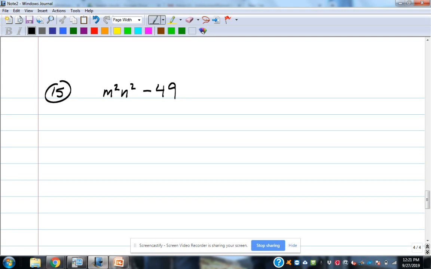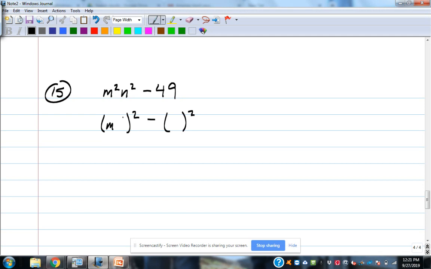So would that be 3 terms? No. Terms are separated by addition or subtraction. Okay, so you're saying rewrite it like this or think about it like that. What goes in the first parentheses you said? Mn, good. Because what squared gives me m squared?